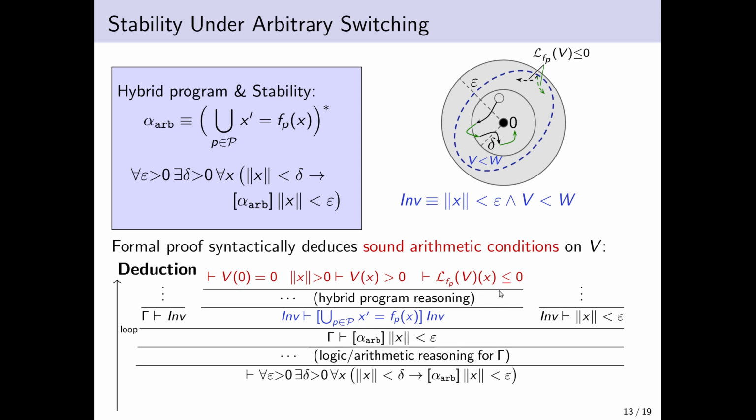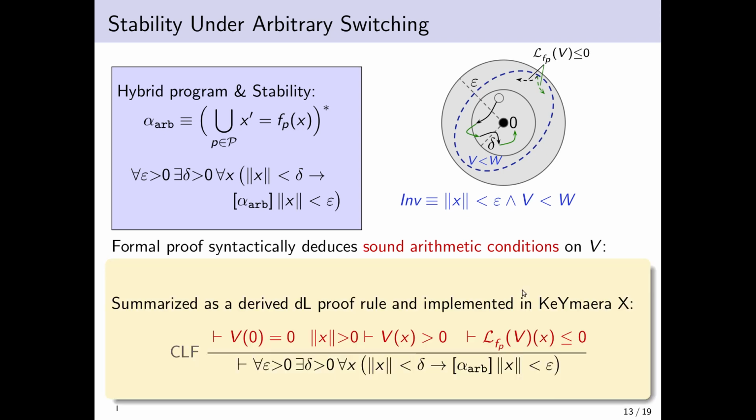And it allows us to derive the arithmetic conditions on the Lyapunov function that we already know from the controls literature. In particular, this allows us to summarize the stability argument as a proof rule in DL, and also, as we will see next, to implement this in KeYmaera X.